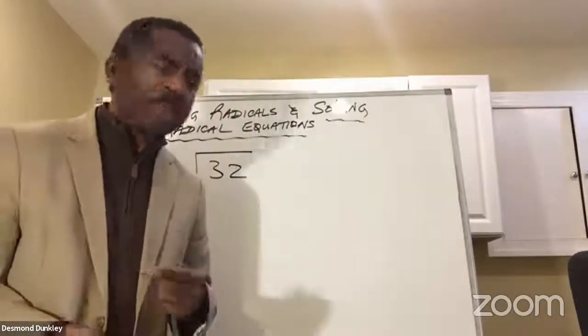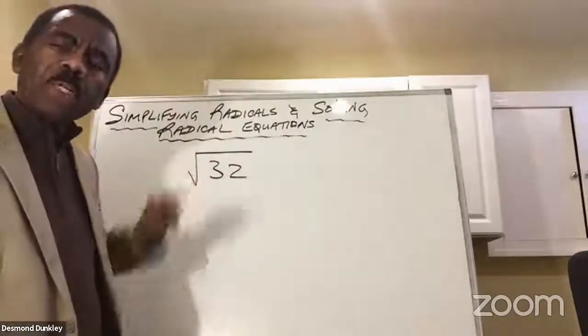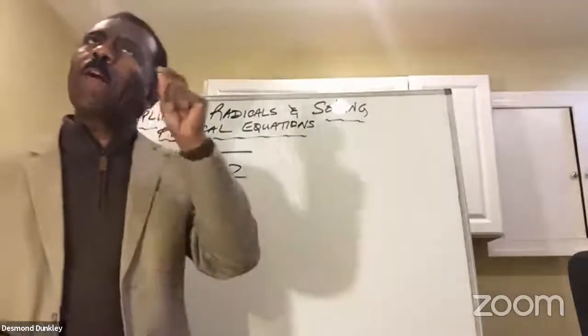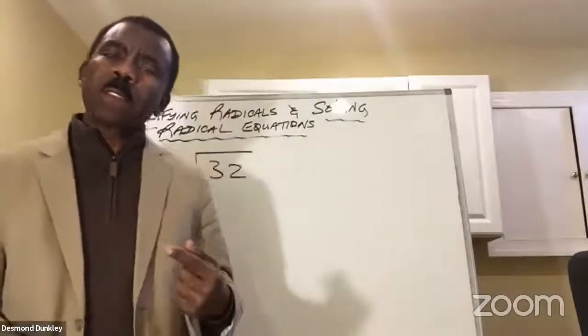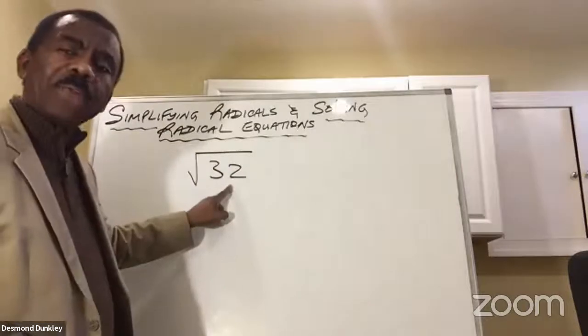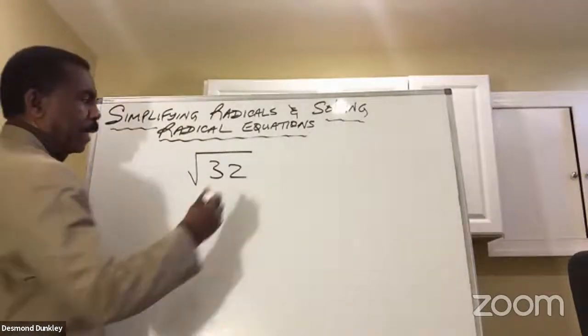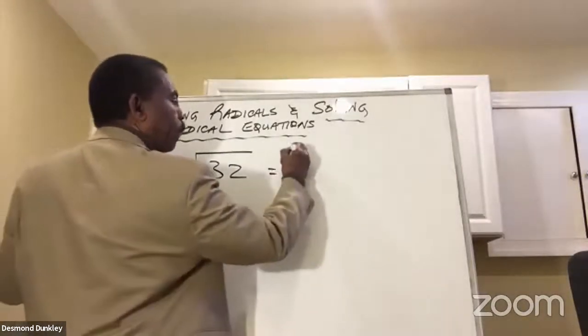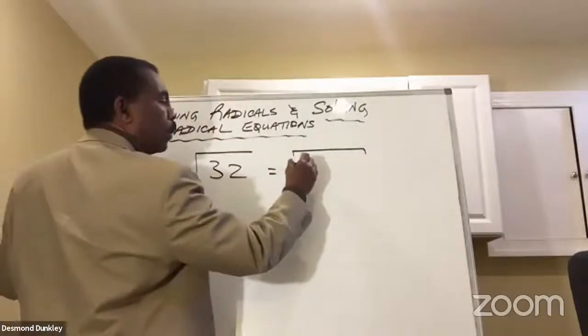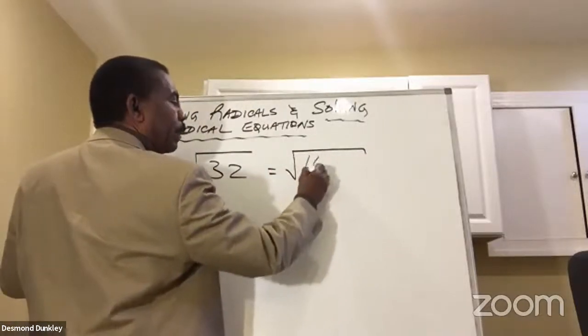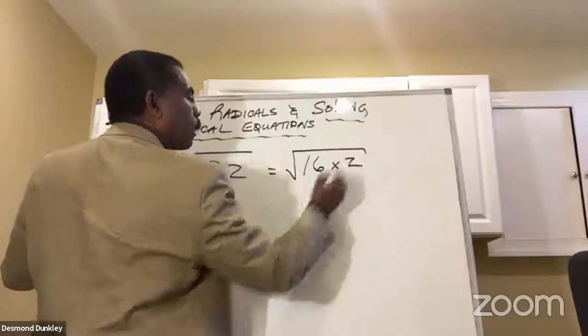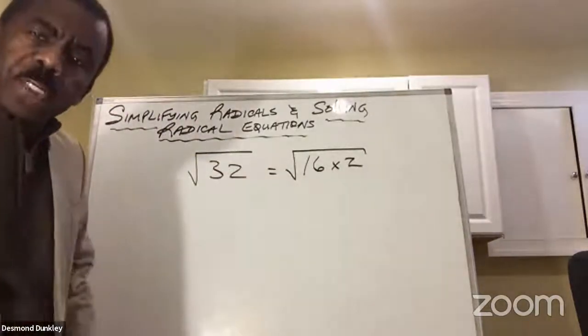One method says, look at the number 32 and think of a perfect square that you could multiply to get 32. If you really think hard, you realize that 16 times 2 gives us 32.